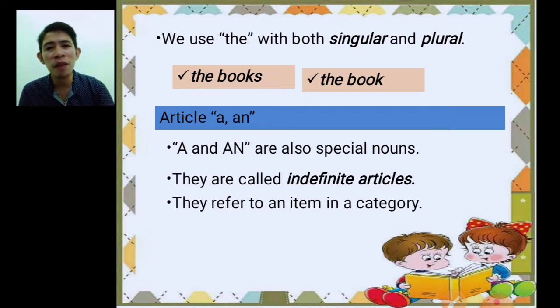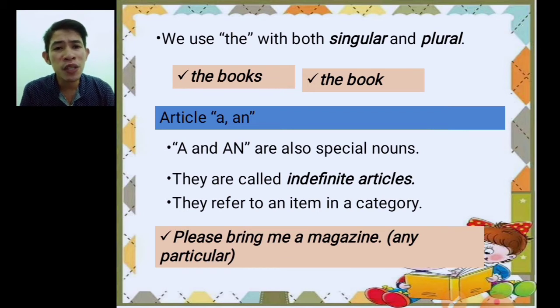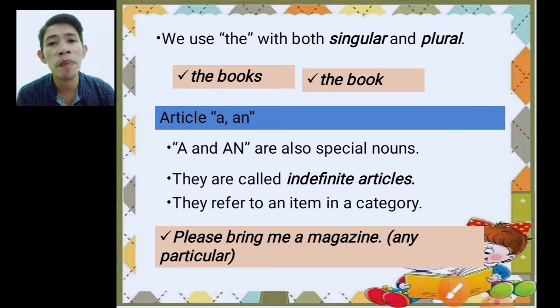For example, please bring me a magazine. Because of the article a, we are referring to any magazine.